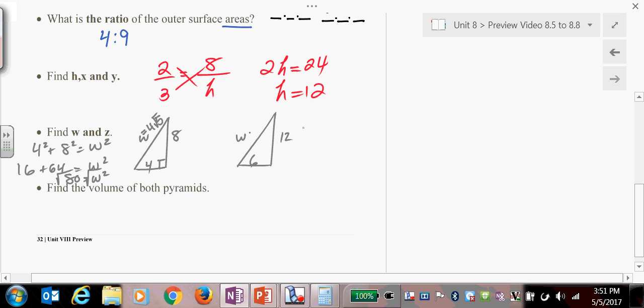Let's try this one. That's 180 equals W squared. We square root.